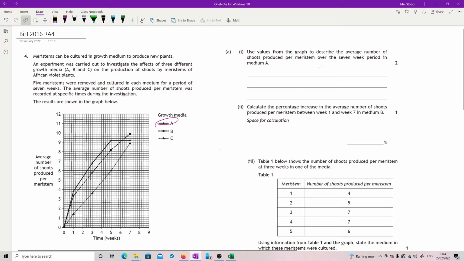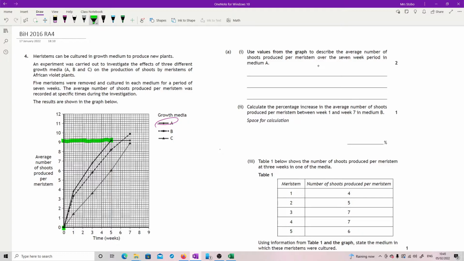Okay. Use values from the graph to describe the average number of shoots produced per meristem over the 7-week period in medium A. Okay, so let's find our points. So you're going to start at 0. So we're basically going to say that over the first 5 weeks, it increased to, reading this carefully across, 9.2.